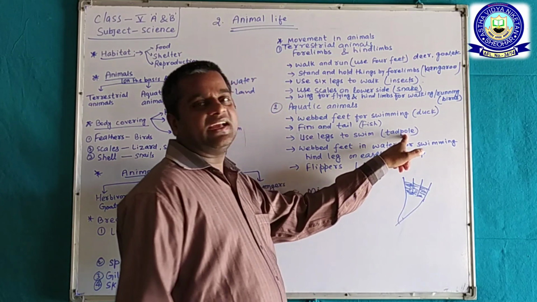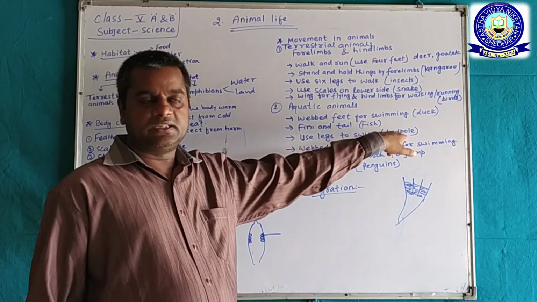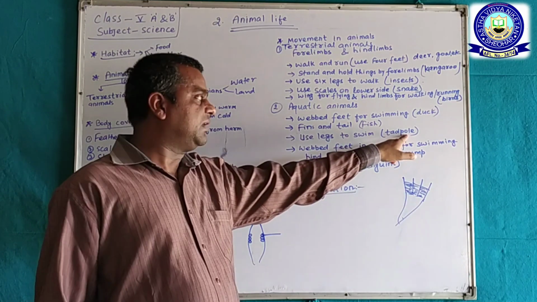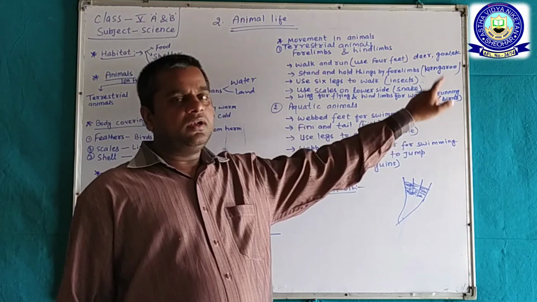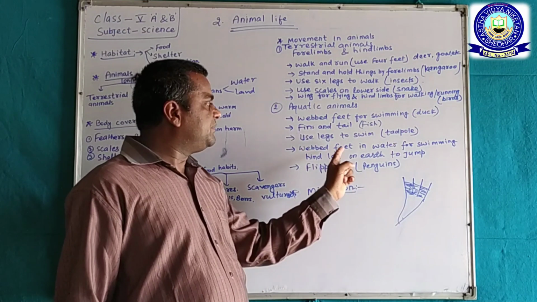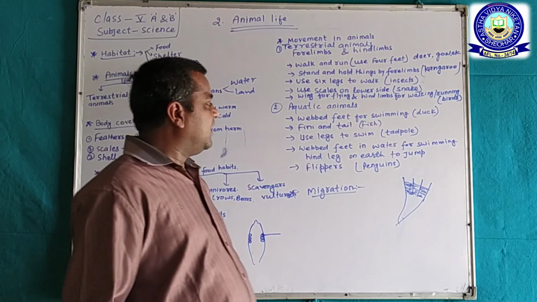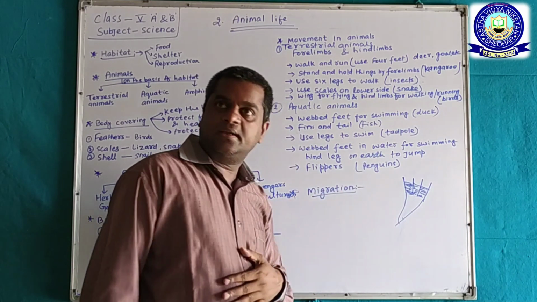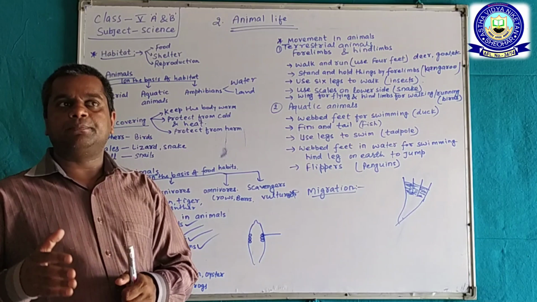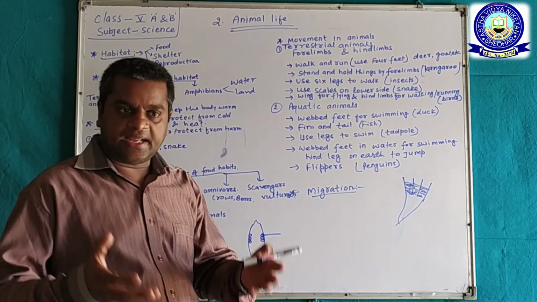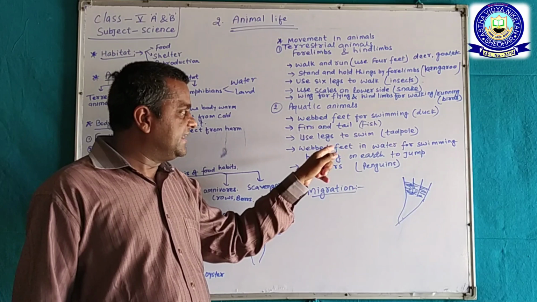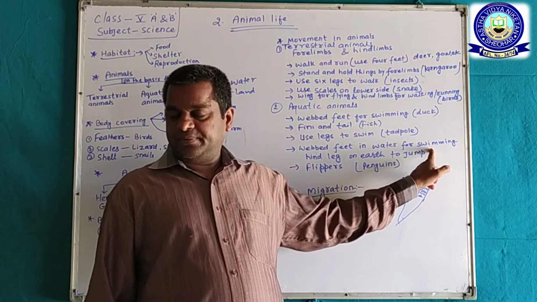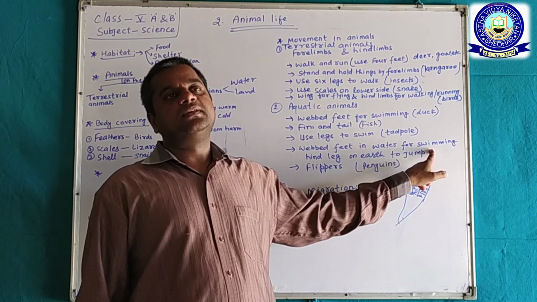It possesses a tail at the larval stage, and that's why its name is tadpole larva. Webbed feet are also for swimming in water, and hind limbs for jumping on land, and the example is amphibians.